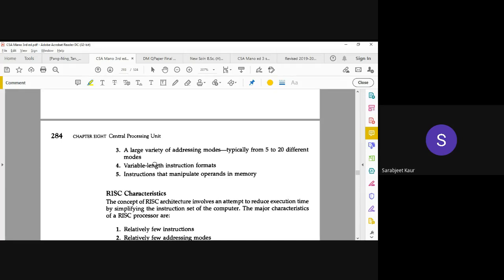And at the same time, a very large number of addressing modes were also put in. Okay. And obviously, we have seen that when there are a very large number of addressing modes and we support so many addresses, then the instruction format becomes variable length. That means some instructions become small, some instructions become longer. So it is difficult to handle such instructions. Okay.